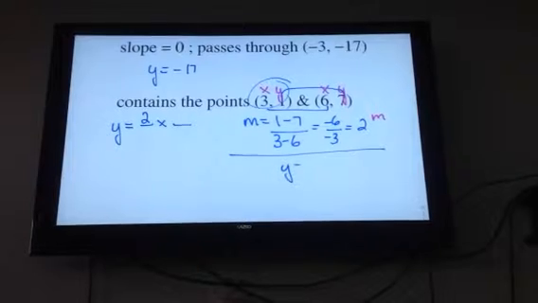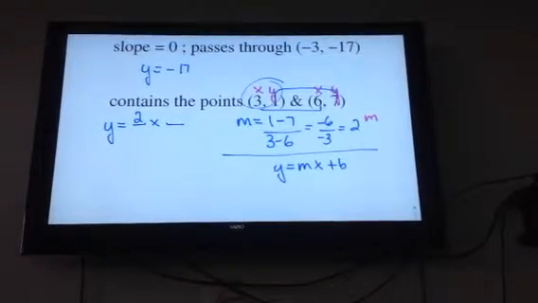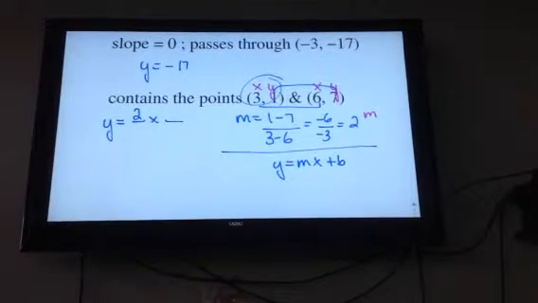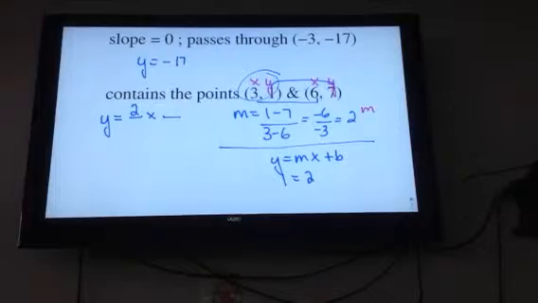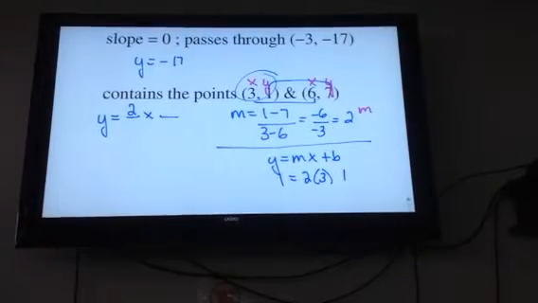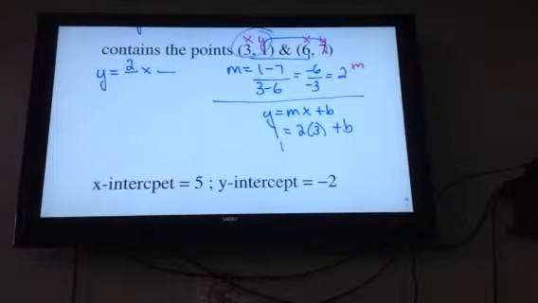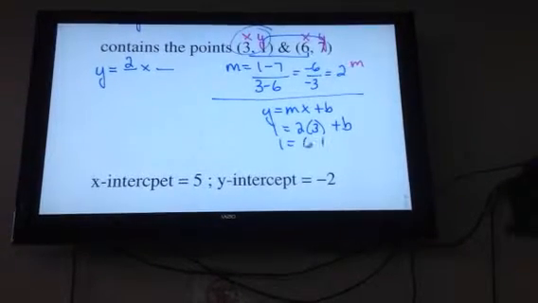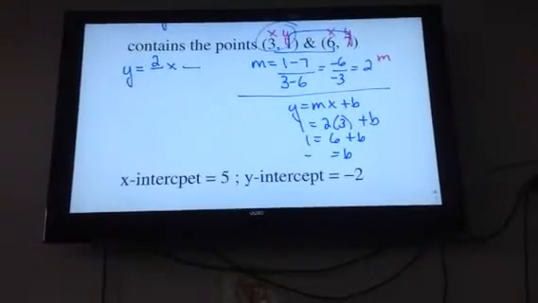So I'm going to plug that into my y equals mx plus b. So my y is 1, m is 2, x is 3 plus b. So 1 equals 6 plus b. Subtract 6, and b is negative 5.